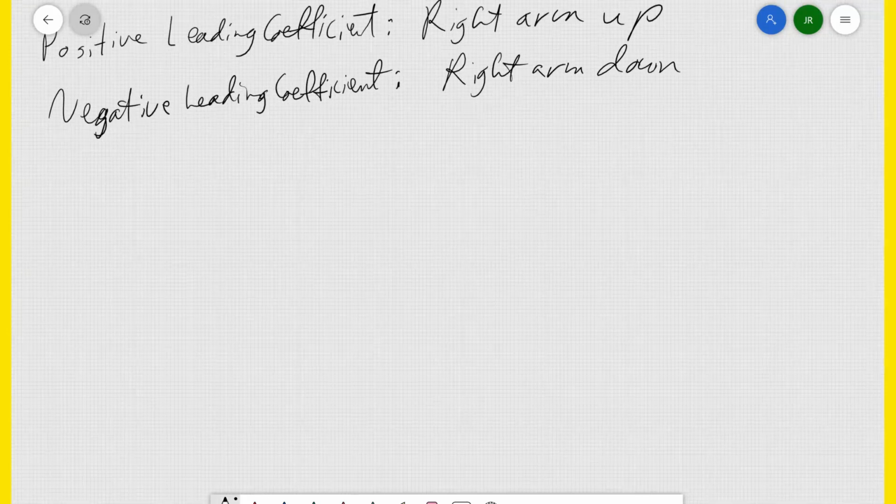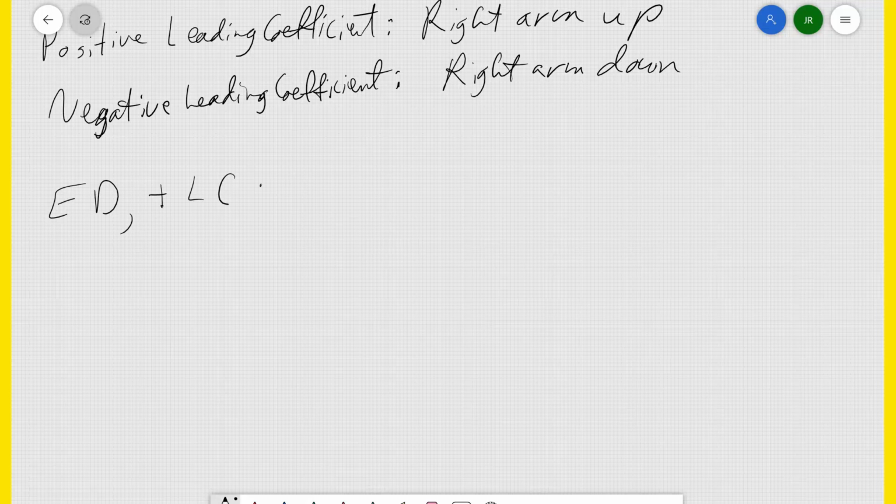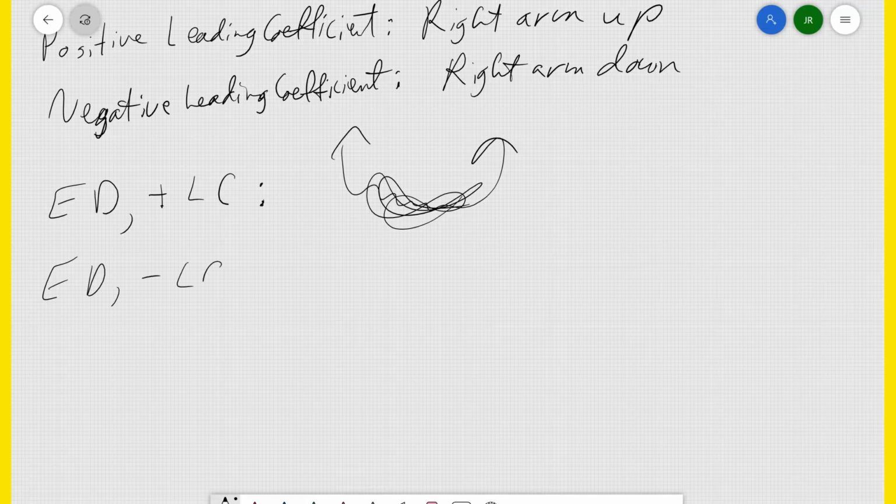Okay. So let's say this. If it's an even degree, positive leading coefficient, then it's going to be something like this. And it may do all kind of stuff in the middle, but it doesn't matter about what happens in the middle. All I care about is the arms. Both arms are up. If it's an even degree, negative leading coefficient, both arms are going to be down.